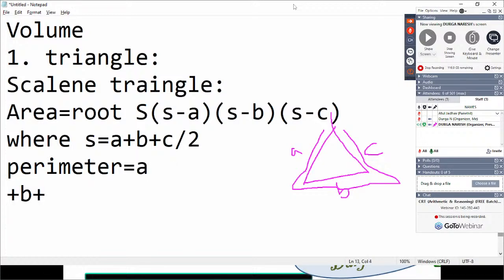That is the perimeter of the scalene triangle. Understood, all of you?